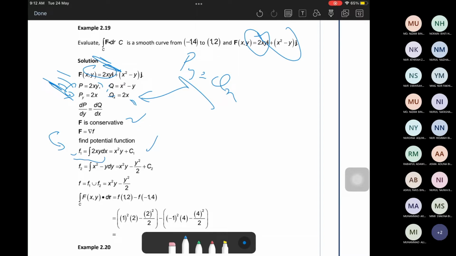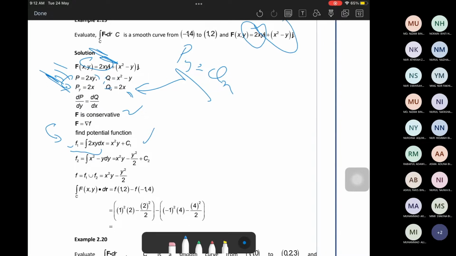Okay, f2 pula ∫(x² - y) dy, so dia integrate dapatlah x²y - y²/2. Okay, lepas tu dah dapat f1 and f2, kita carilah potential function f. Okay, so f equal to f1 union dengan f2. Jadi kalau masuk union, maksudnya kalau misalnya kita ada case yang sama, kita repeat satu kali saja, bukan kita tambah dua benda tu pula. So x²y - y²/2. Okay, selainnya kita tambahlah, tambah c pun tak ada masalah.